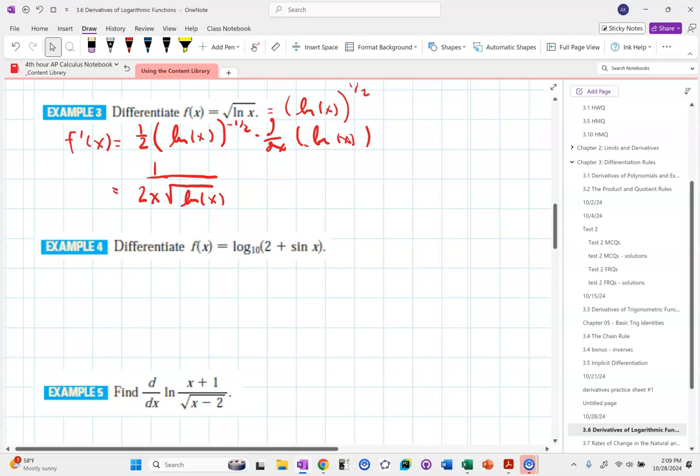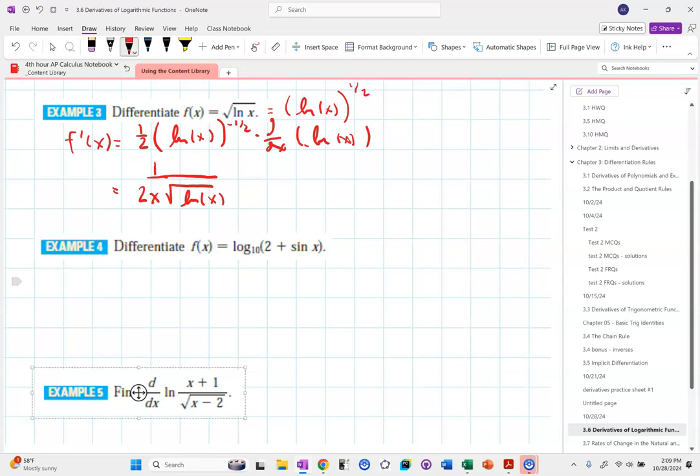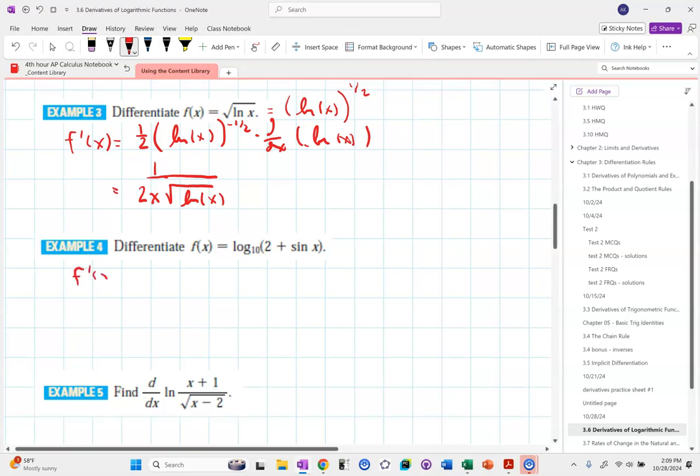All right, let's look at the next one then. What do you see? Chain rule is correct. What's the outer function? Log base 10, right? So I have the derivative of the outside, which will be 1 over 2 plus sine x times the natural log of 10, times the derivative of the inner.